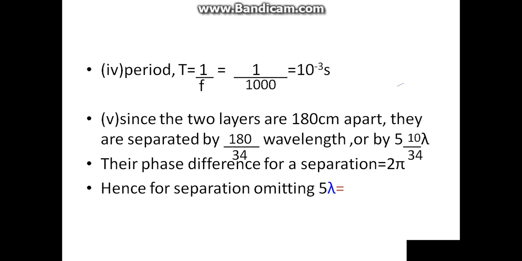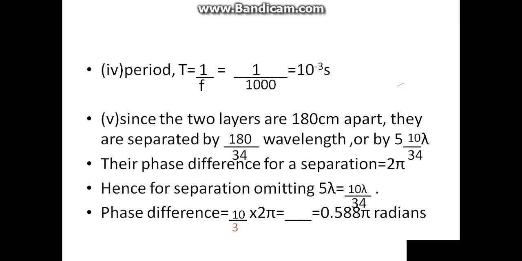Hence, for a separation of 10 lambda over 34, the phase difference is equal to 10 over 34 times 2 pi, which equals 10 pi over 17, which is equal to 0.588 pi radians.